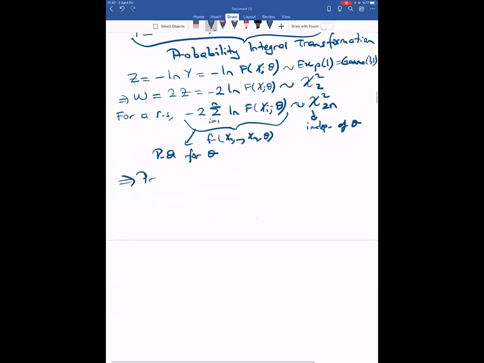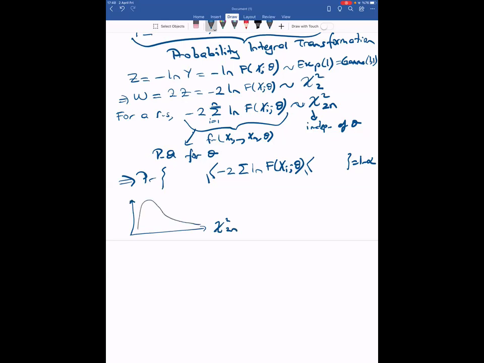Then we can say that in probability, we have the pivotal quantity, we have an upper bound and a lower bound, and this will be, let's say, 1 minus alpha. So we have a chi-square distributed variable with 2n degrees of freedom, with a right-skewed shape like that. We have an upper bound and a lower bound, and we want this probability to be 1 minus alpha.